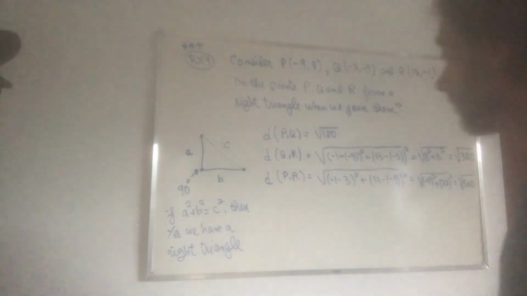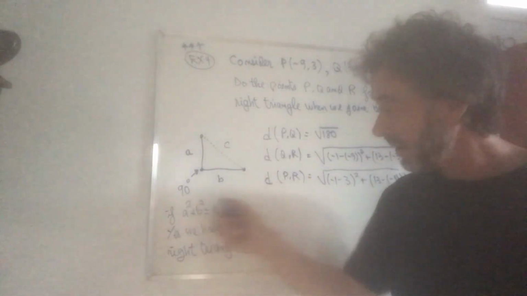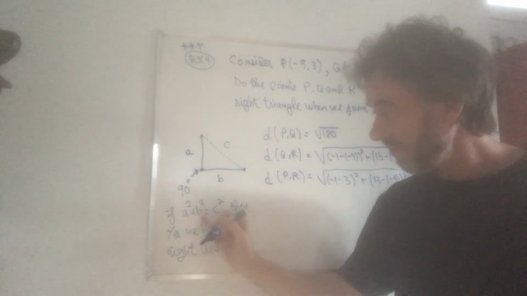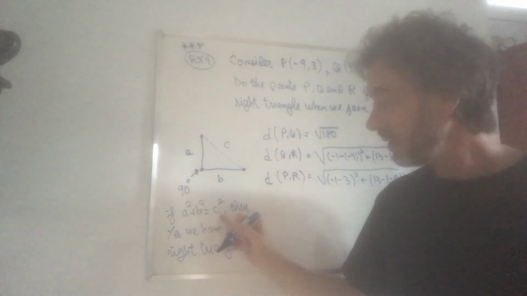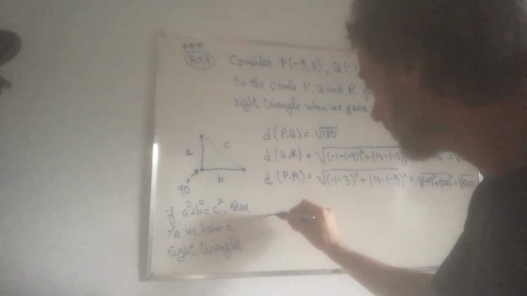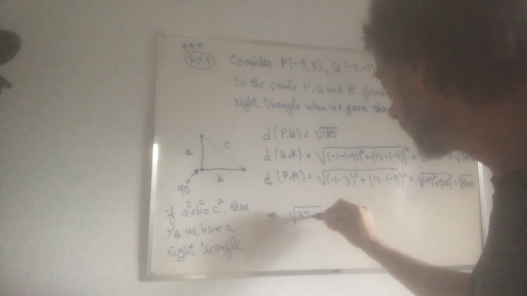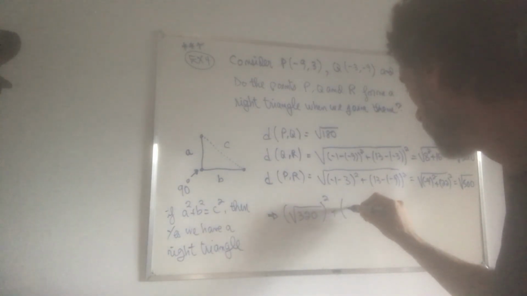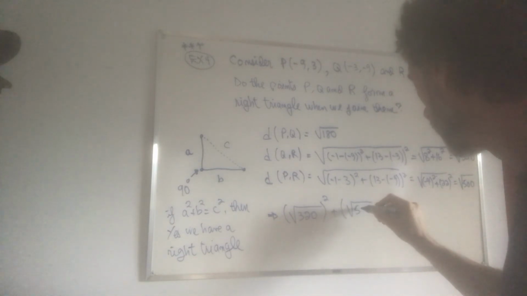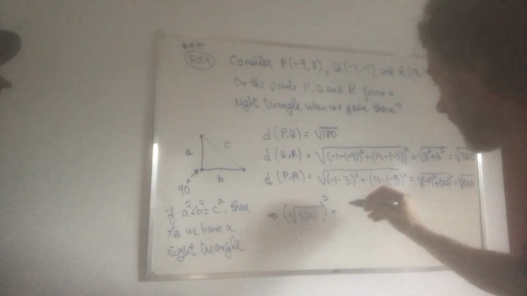So if these calculations are correct, then basically we should be able to find in these distances the following combination. One of them squared plus another one squared should be the last one squared. So check it out. Root of 320 squared plus the root of 500 squared. No, I lied. That's not the one that goes there. Mistake! It's the 180 that goes there.